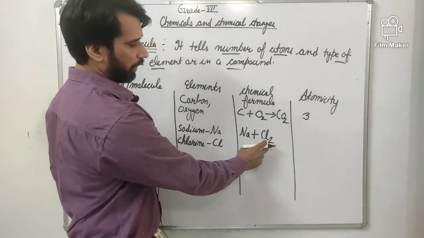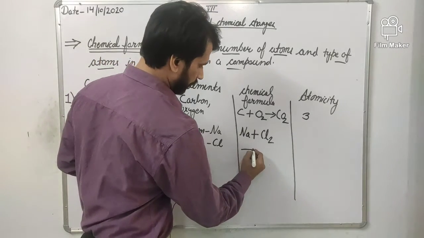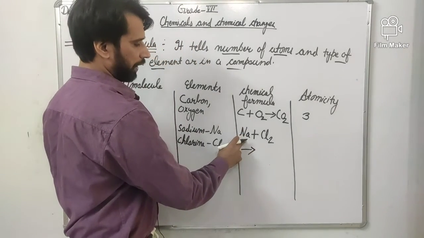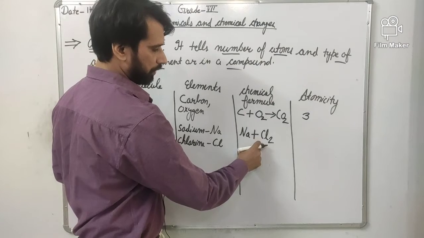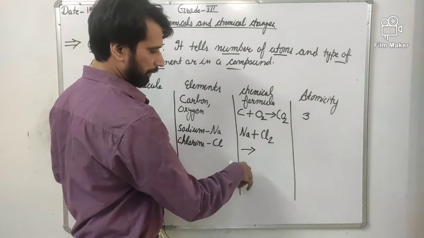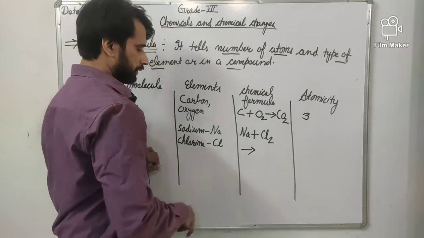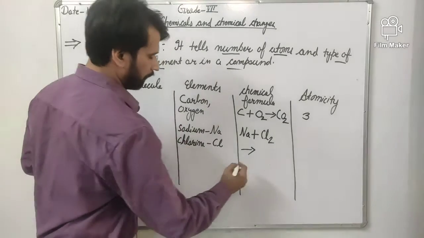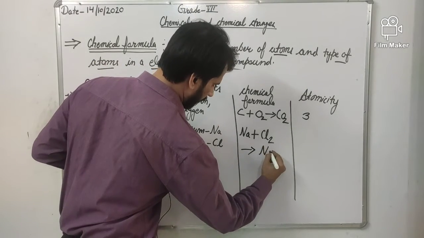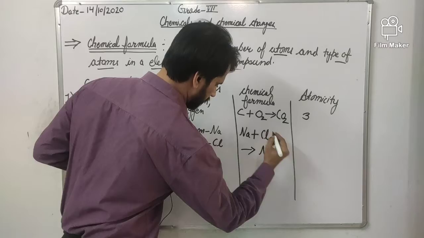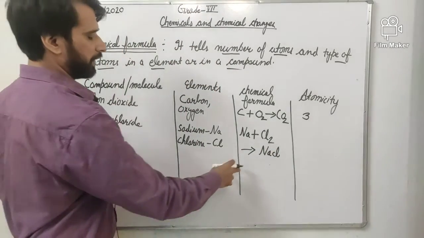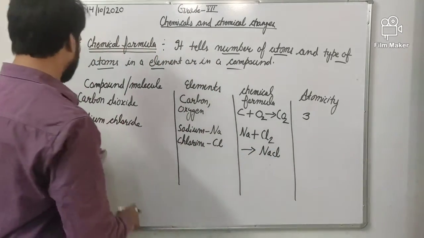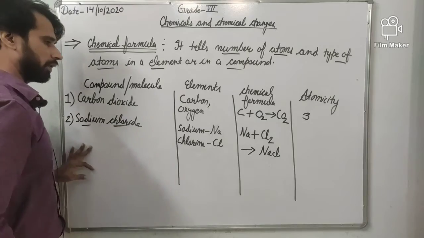Cl2 represents 2 atoms of chlorine. When they combine, they form sodium chloride with formula NaCl. So what is NaCl? It is the chemical formula of sodium chloride.